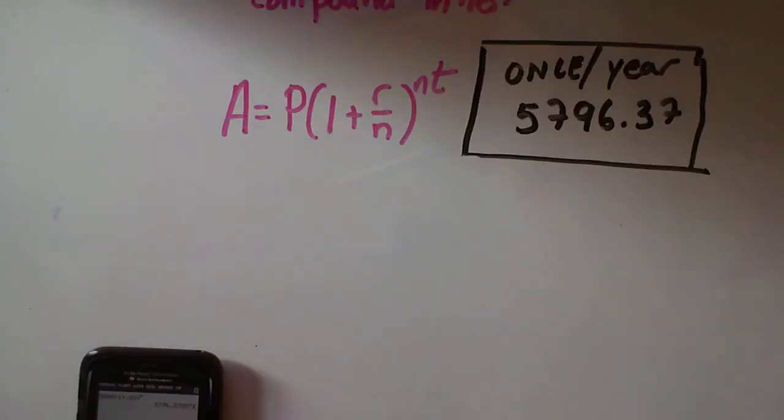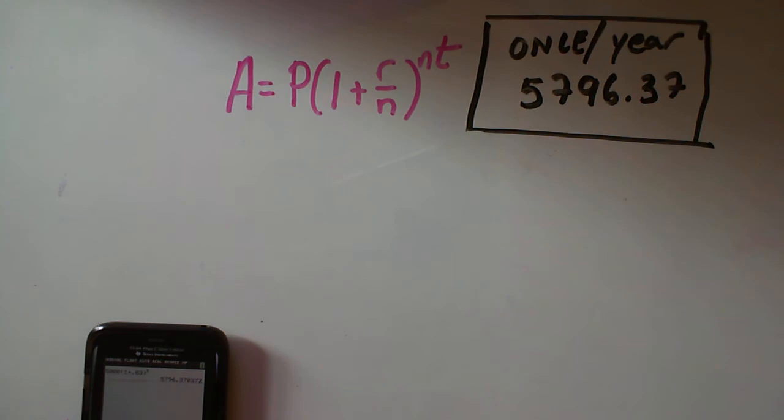So just remember that when we only did it once per year, we did $5,000 at 3%. Once per year, we got $5,796.37. So let's see what happens if we actually compound that interest more frequently.